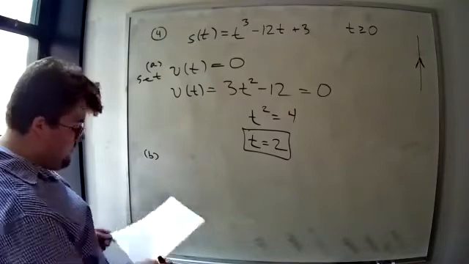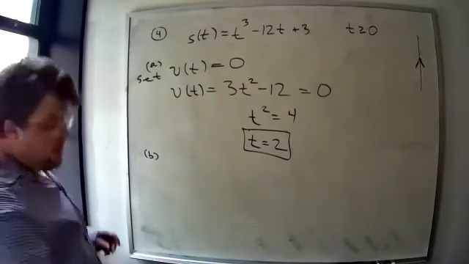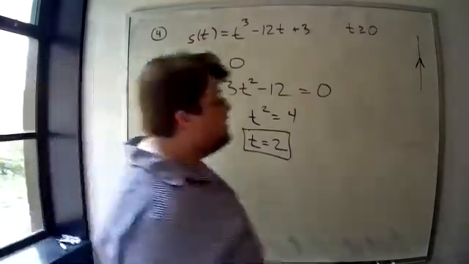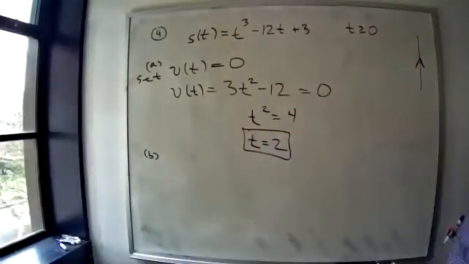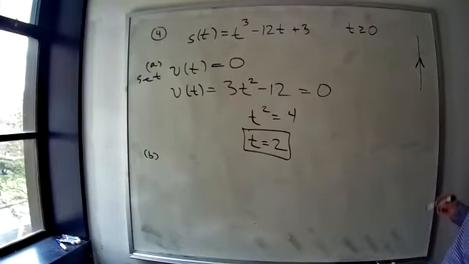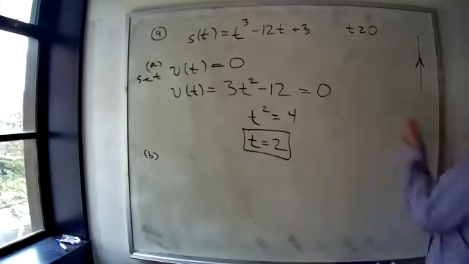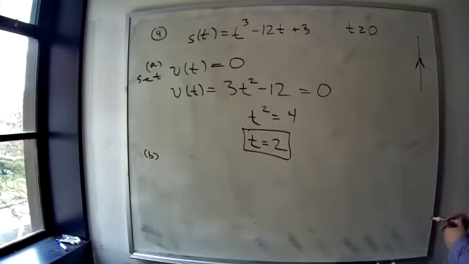Okay, part B. On which time intervals is the particle moving upward, and on which is it moving downward? Well, our first observation is that moving upward is the positive direction. Moving downward is the negative direction. So the particle will be moving upward when its rate of change of position is positive. It'll be moving downward when its rate of change of position is negative.